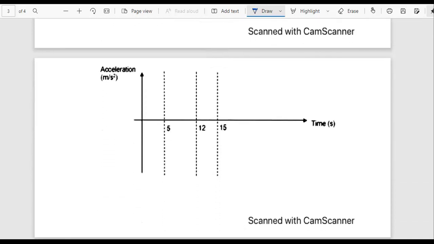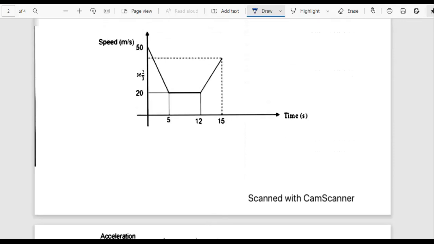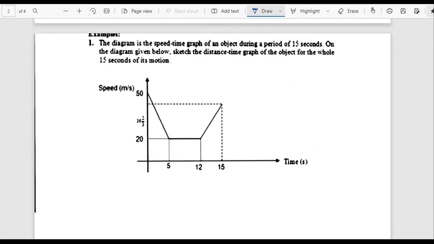Right, okay, so this is the acceleration time graph. All right, so first you need to sketch the distance time graph and then we'll talk about the acceleration time graph, right?